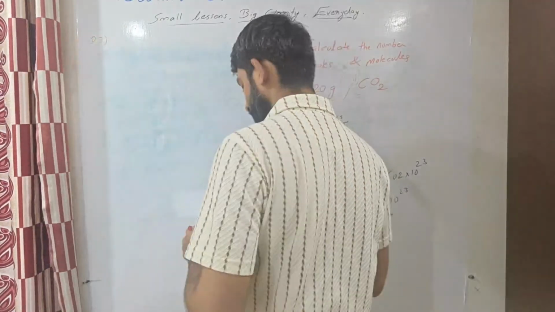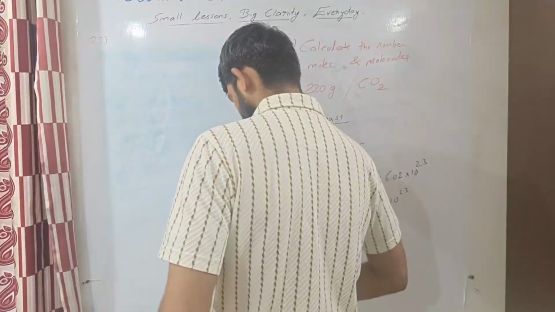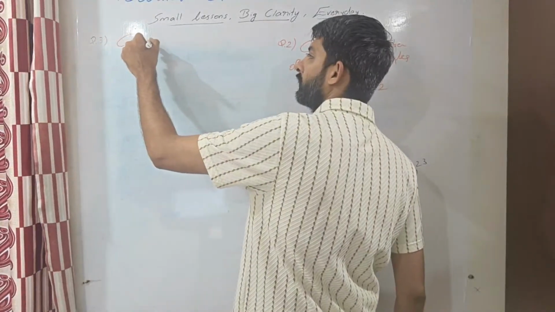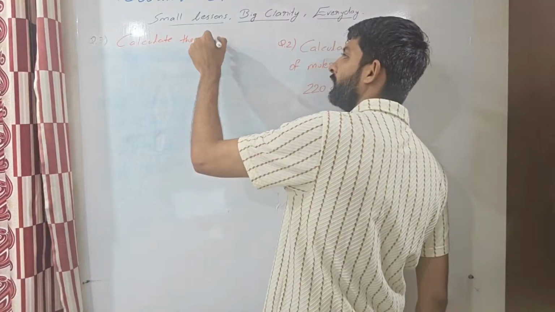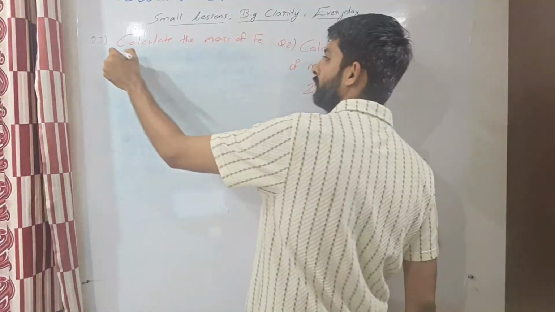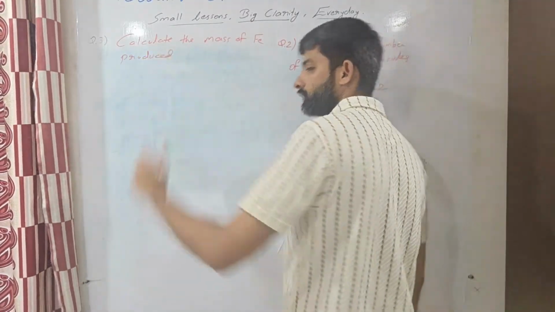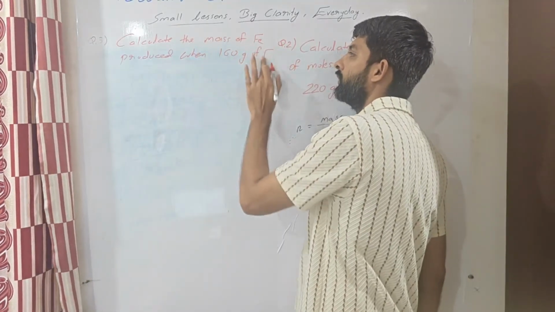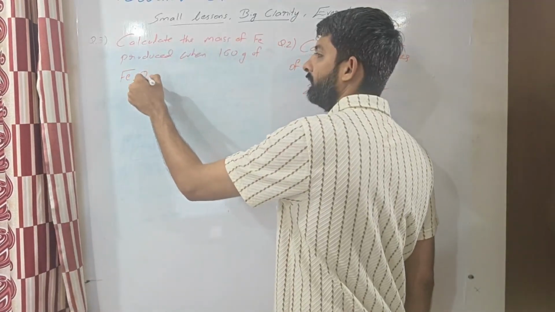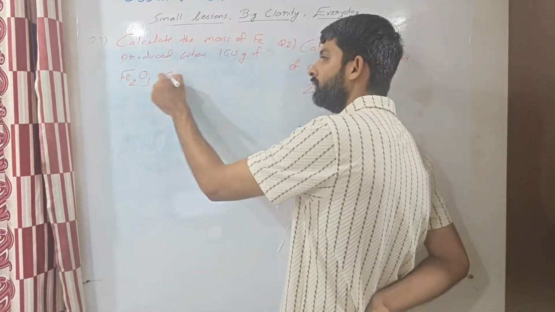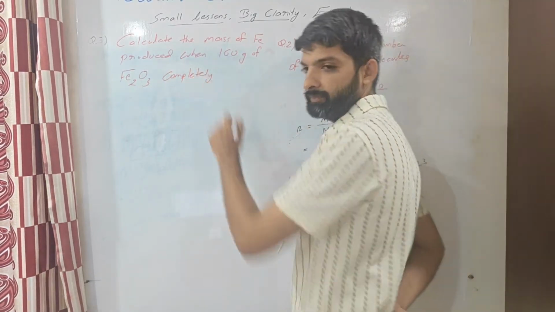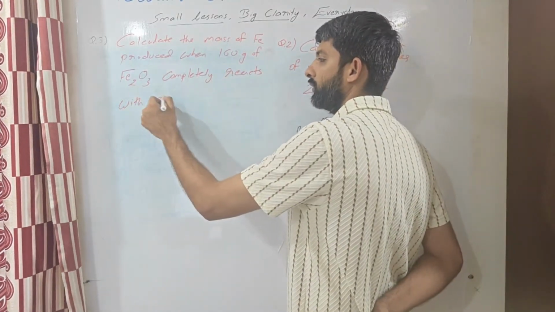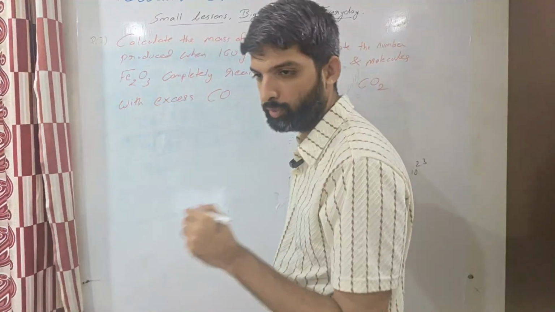Question 3. Calculate the mass of Fe produced when 160 gram of Fe2O3 completely reacts with excess CO, that is carbon monoxide.